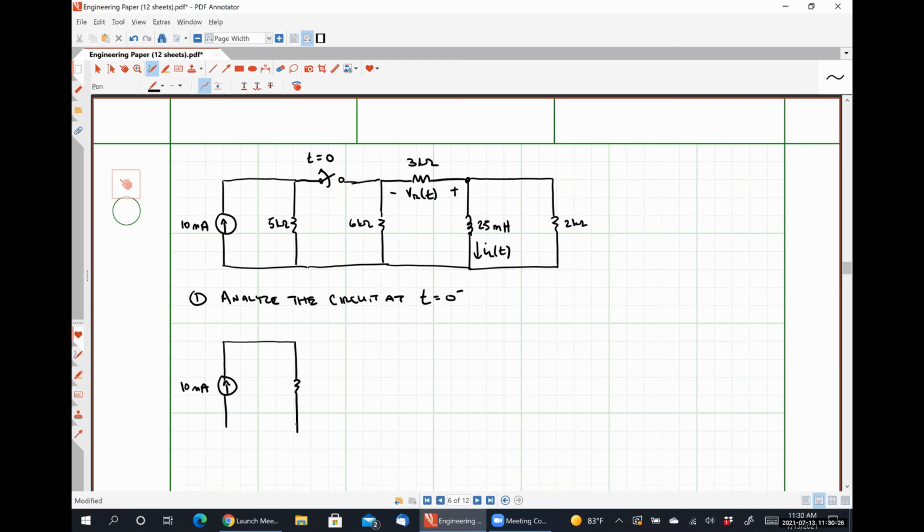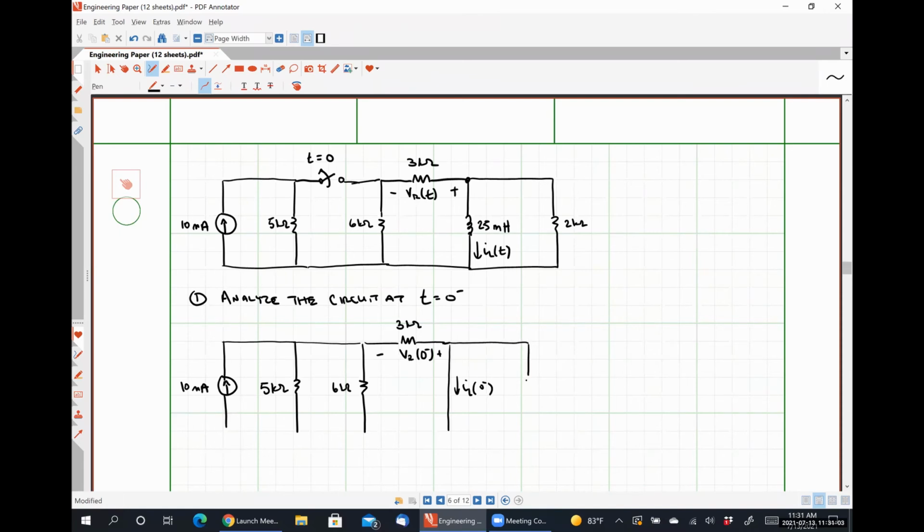connected in parallel to our 5 kilo ohm resistor, connected in parallel to our 6 kilo ohm resistor. Then we have this 3 kilo ohm resistor over which we have a voltage VR of 0 minus. Our inductor is going to look like a short circuit because we're at DC steady state, where the current flowing through that short circuit is IL at 0 minus.